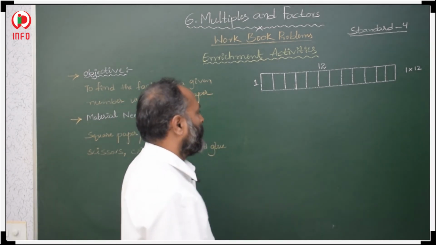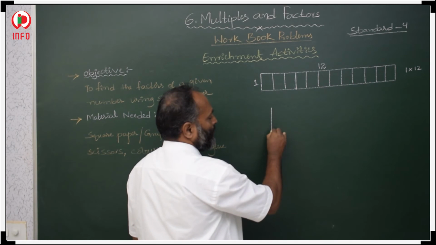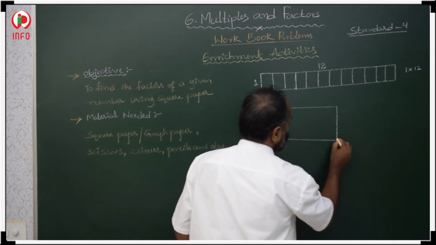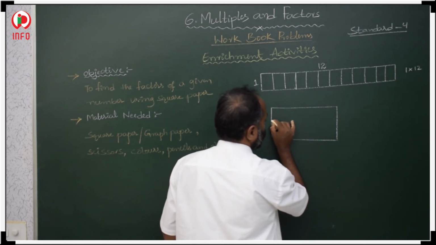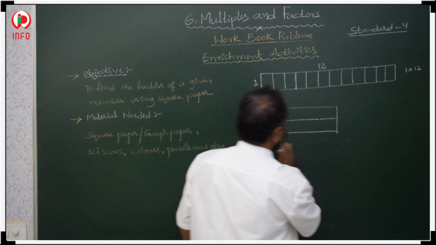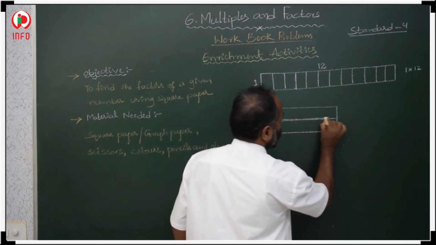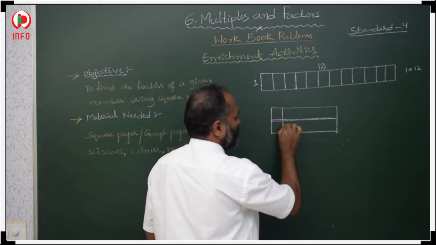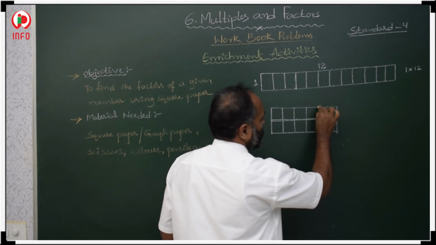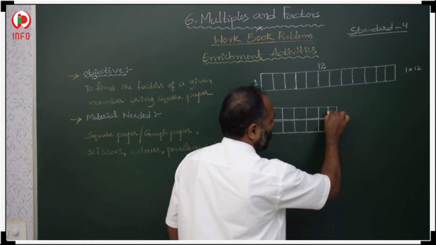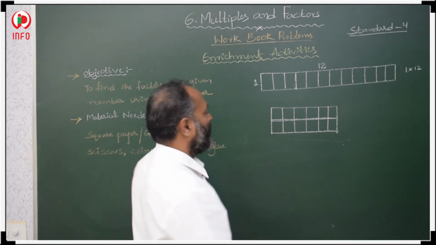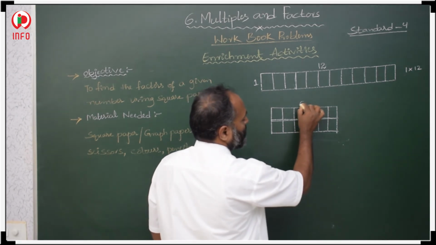In the second method, in one row we take 6 square grids. 1, 2, 3, 4, 5, 6 makes a row of 6. The second row has the other 6, so there are 12 squares in total.